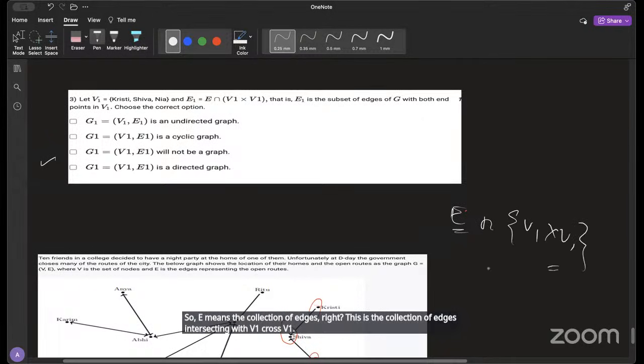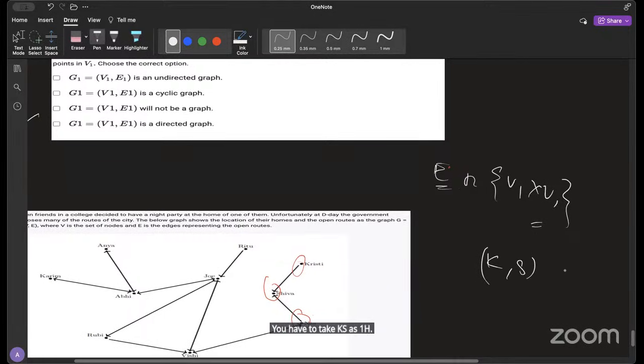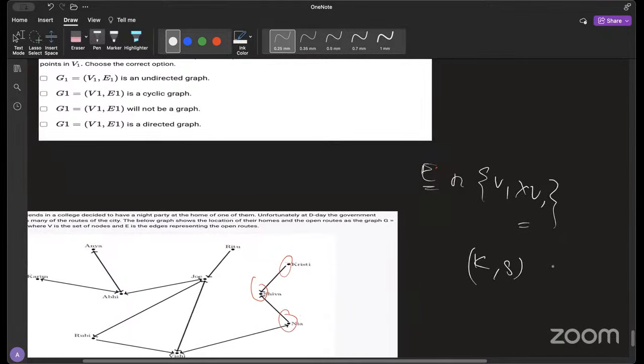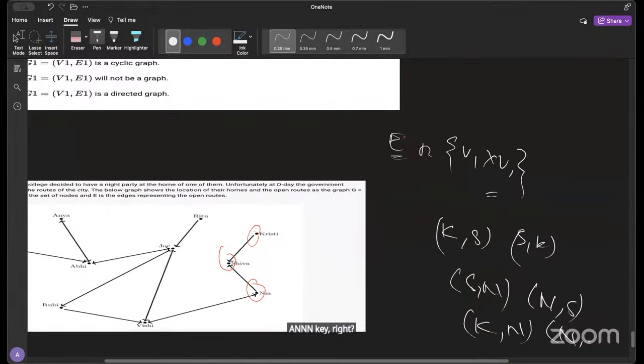V1 cross V1 means you have to take KS as one edge, then SK is also one edge in V1 cross V1, and then SN is an edge, NS is an edge, and then KN and NK, right? And then you take intersection with the set of edges. So in the original graph, KS is an edge, so you keep this.